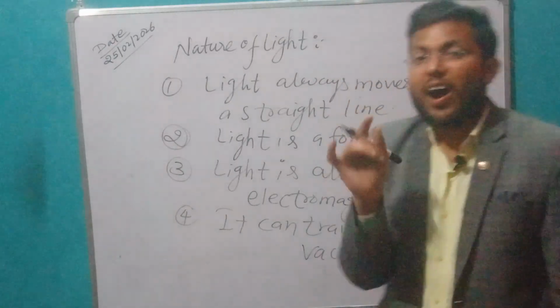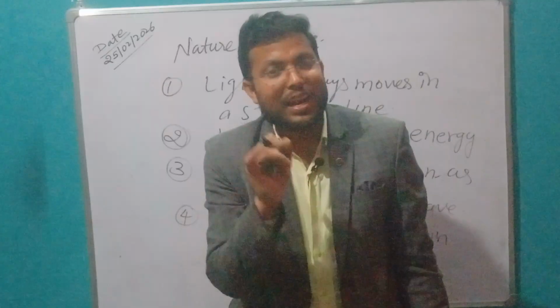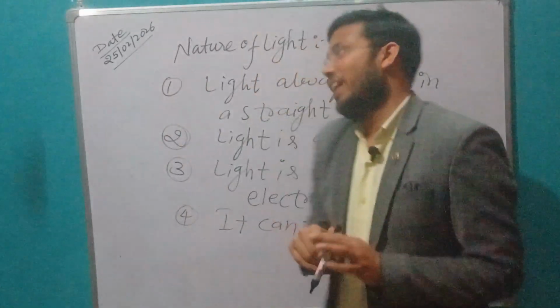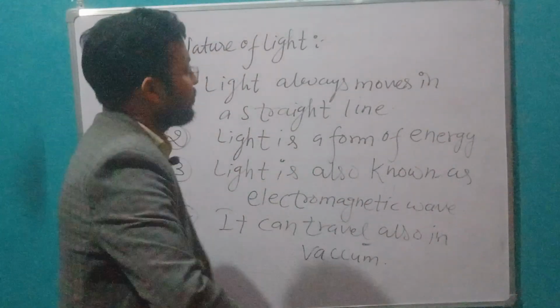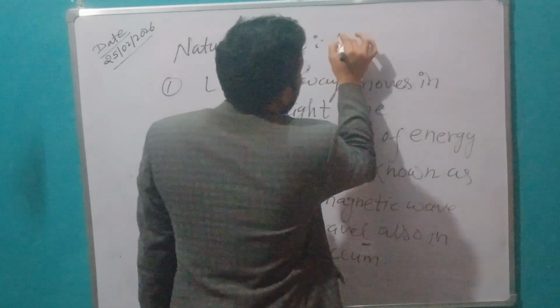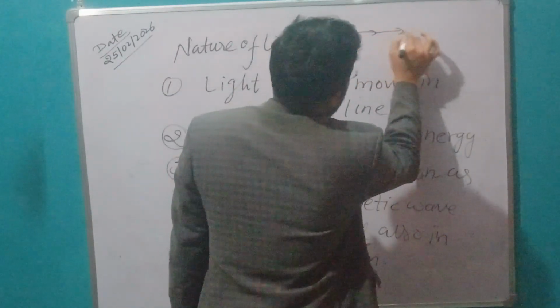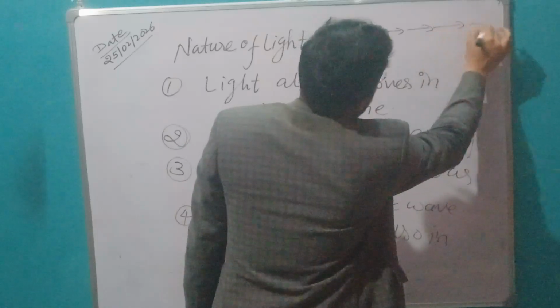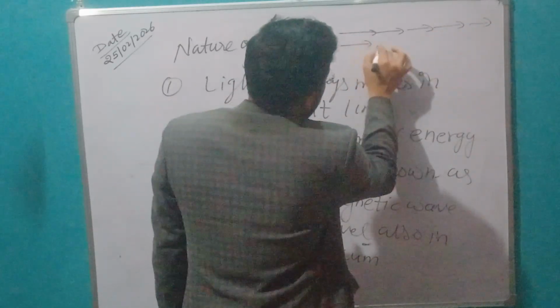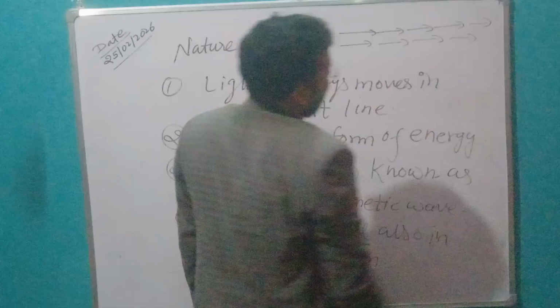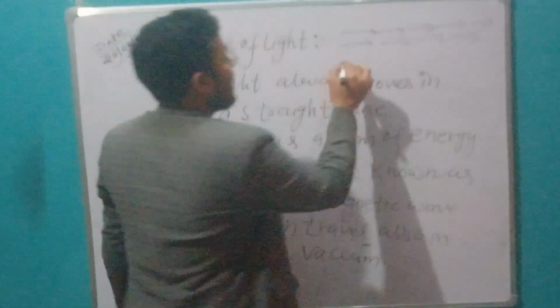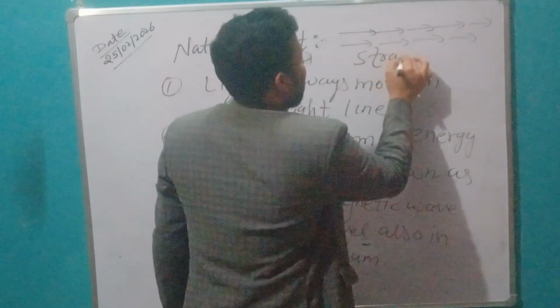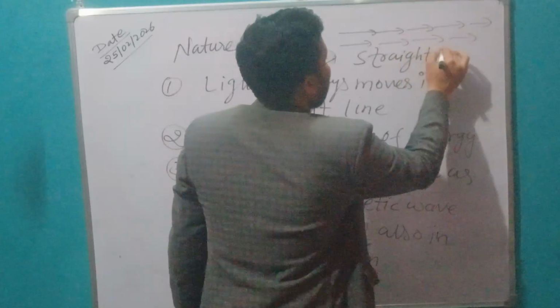Light never moves in a zigzag motion. Light moves just like this, in a straight line.